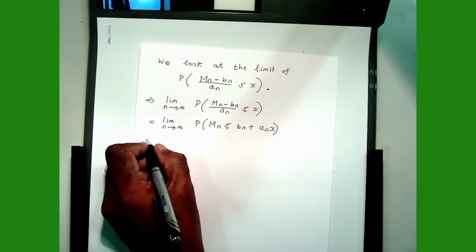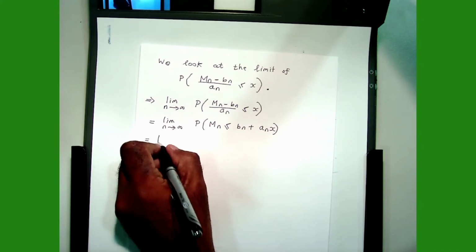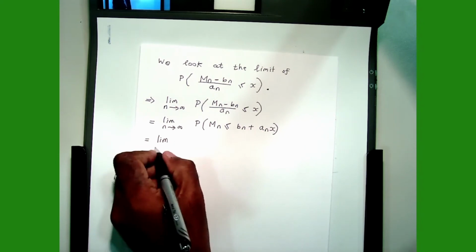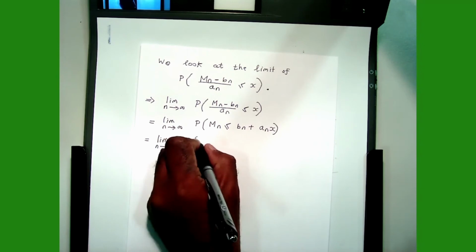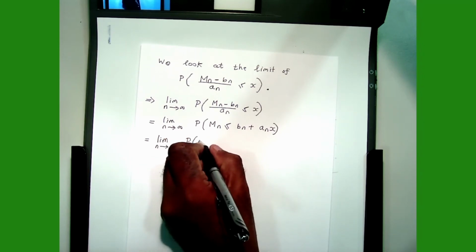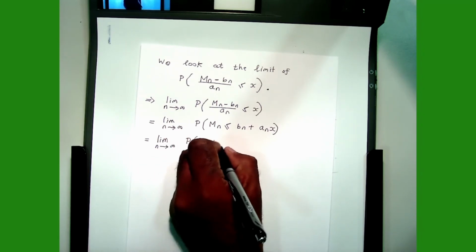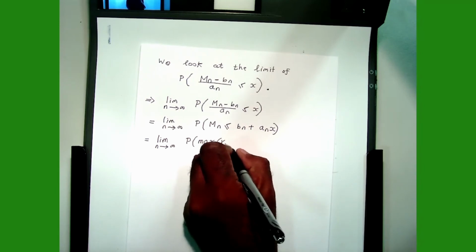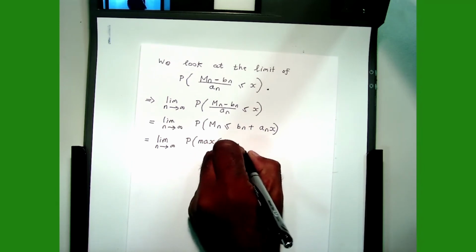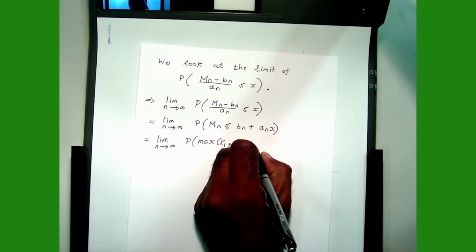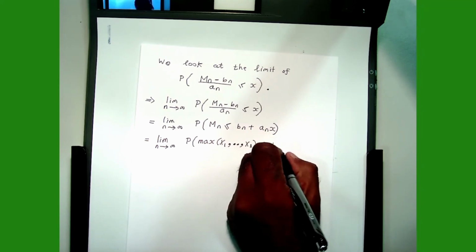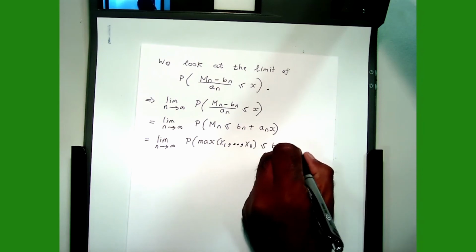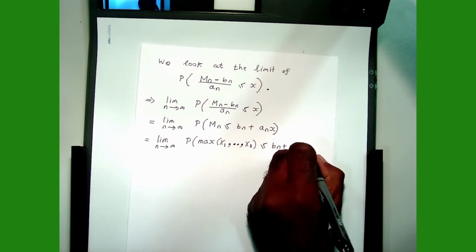Okay, and this is the limit as n goes to infinity of the probability that the maximum is less than or equal to Bn plus An x.